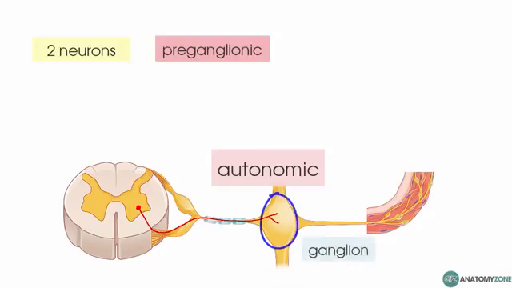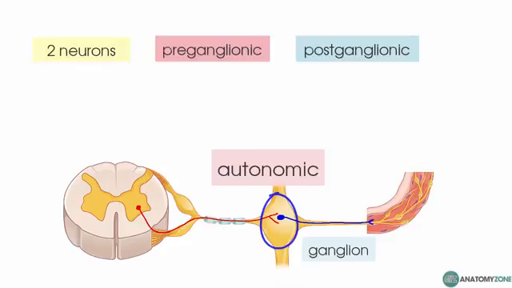So a ganglion is simply a collection of neuronal cell bodies that are outside the central nervous system. So this preganglionic neuron synapses onto the postganglionic neuron, which then innervates the target organ. In this case it's the smooth muscle wall of a blood vessel.